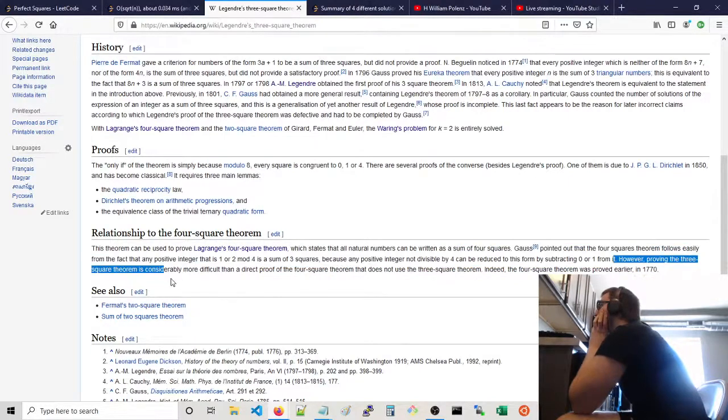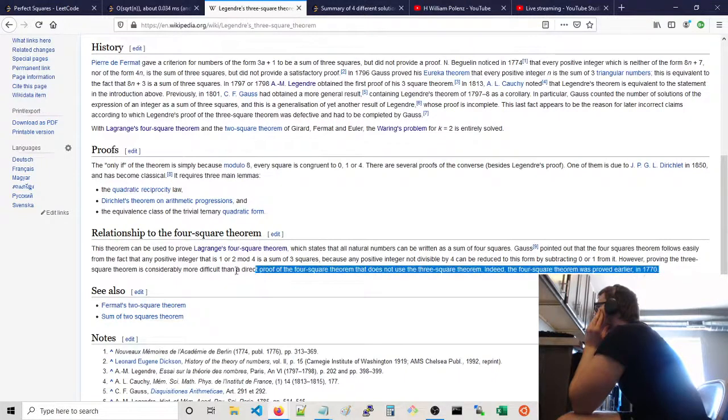However, proving the 3 square theorem is considerably more difficult than a direct proof of the 4 square theorem that does not use the 3 square theorem. Indeed, the 4 square theorem was proved earlier, 1770. Oh. I'm not sure I really understand what I just read, by the way.